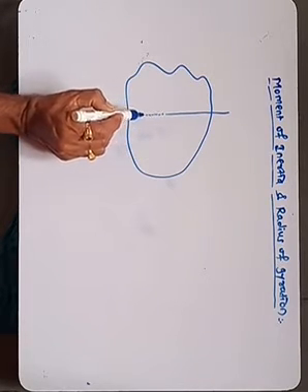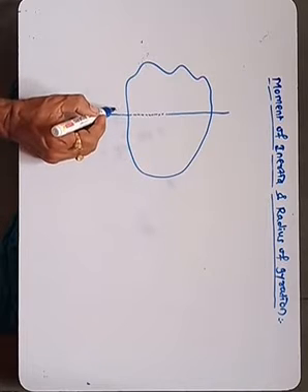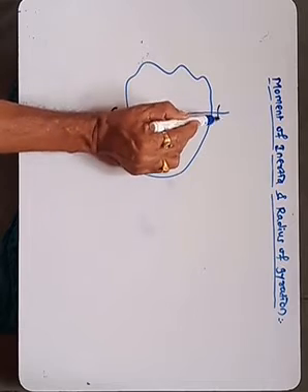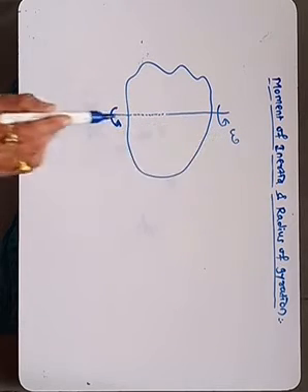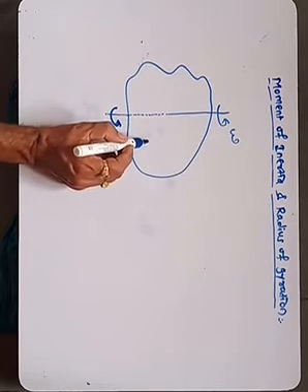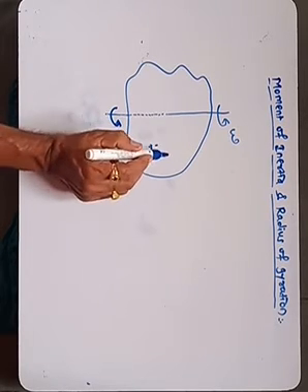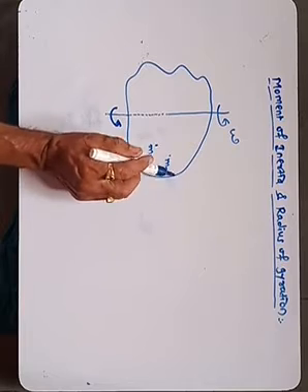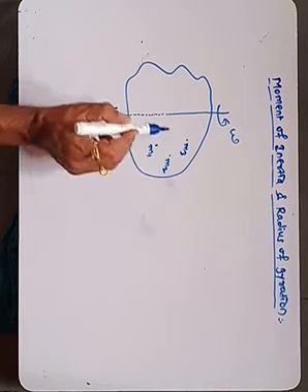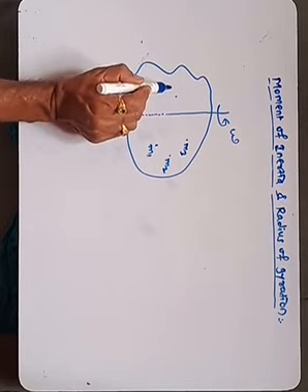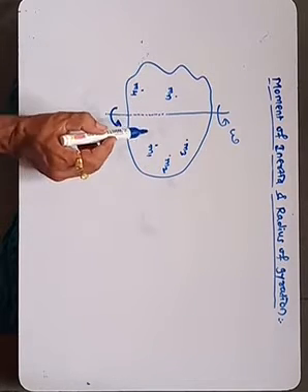About this axis the body rotates like this, with omega. Now we consider different particles. This is the first particle having mass m1, the second particle having mass m2, the third particle having mass m3, the fourth particle having mass m4, and the nth particle having mass mn.